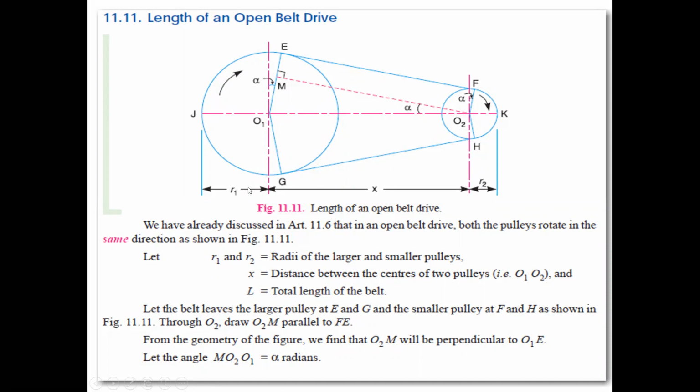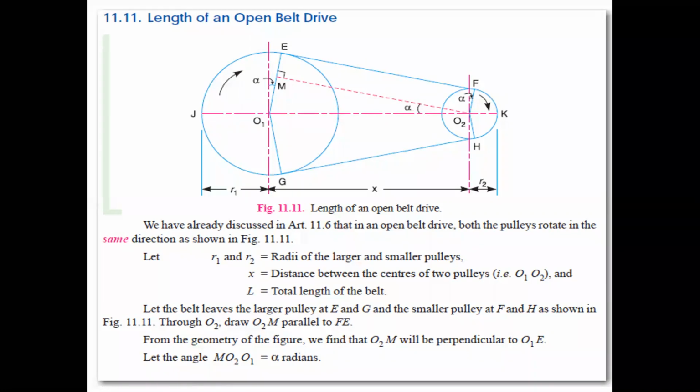R1 and R2 are the radii of the larger and smaller pulleys, and small x is the distance between the centers of the two pulleys, O1 and O2, and capital L is the total length of the belt. Those are the notations.